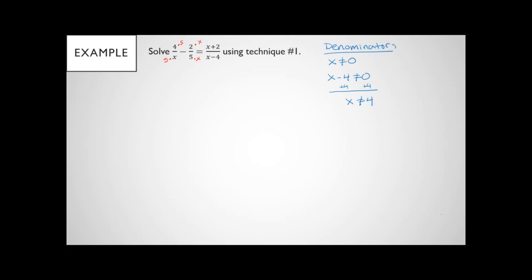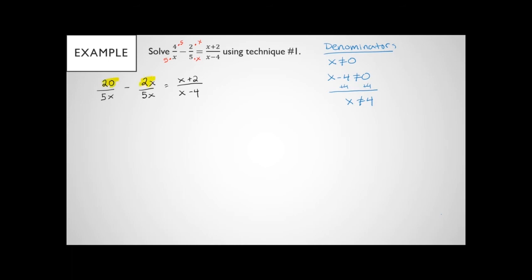So I'd have 4 times 5. So I'm going to get 20 over 5x minus, and then just 2 times x is 2x over 5x. And this equals x plus 2 over x minus 4. So if I'm going to use technique 1 where I need to have a fraction equals a fraction, I need to combine these fractions together.